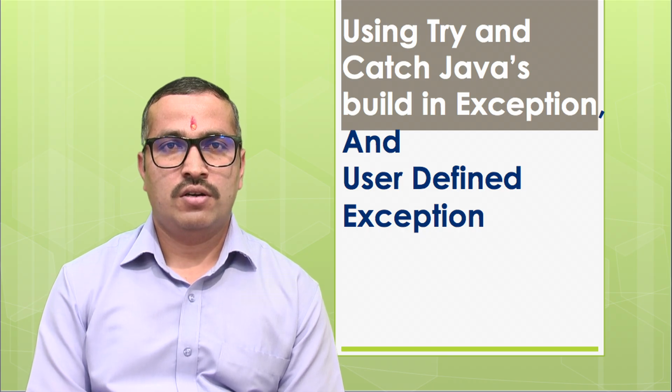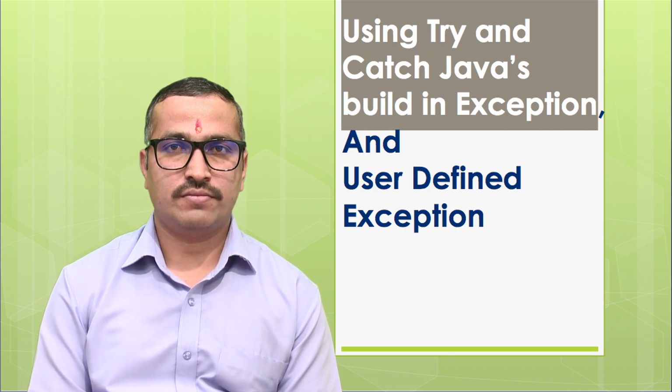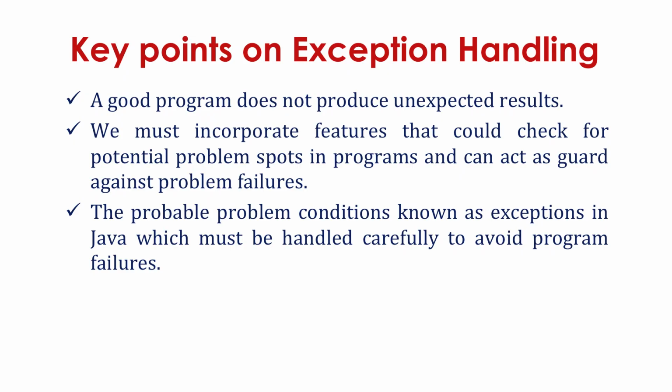Now some of the key points on exception handling. It is good to ensure that the program does not produce unexpected results. We must incorporate features that could check for potential problem spots in programs and can act as a guard against program failures. The probable problem conditions are known as exceptions in Java, which must be handled carefully to avoid program failures.